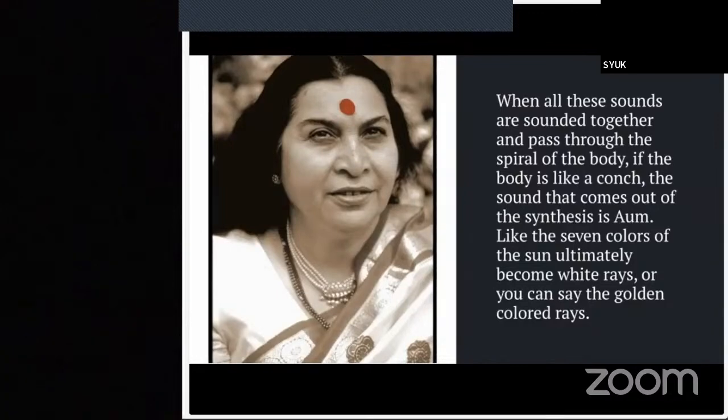Like the 7 colors of the sun ultimately become white rays, or you can say the golden colored rays.